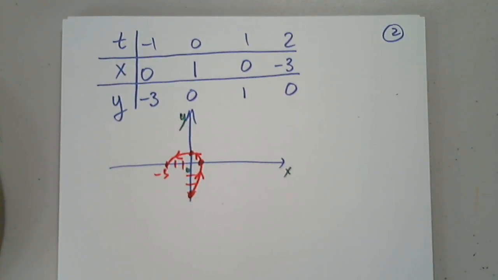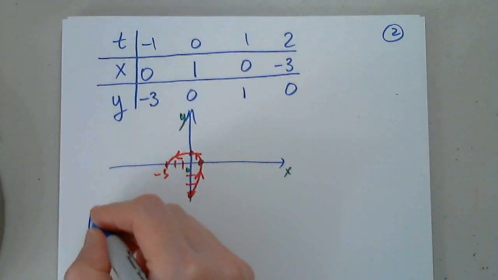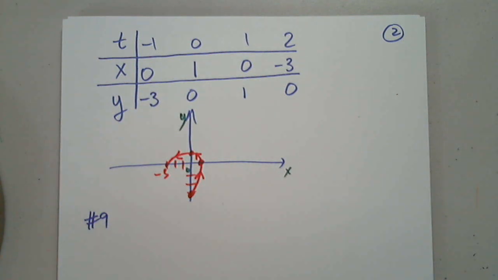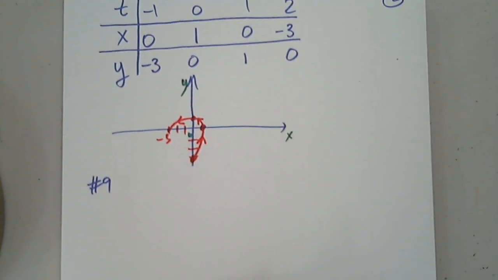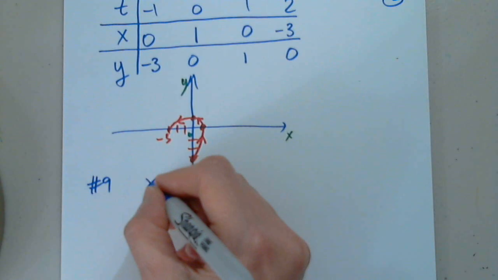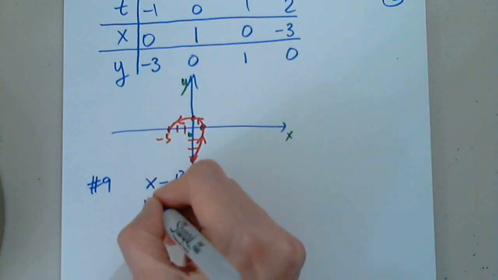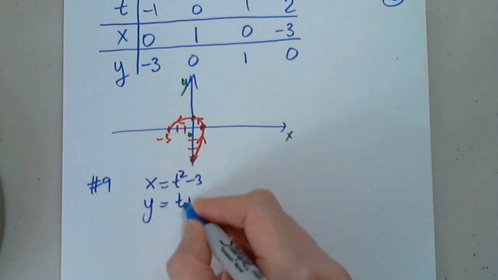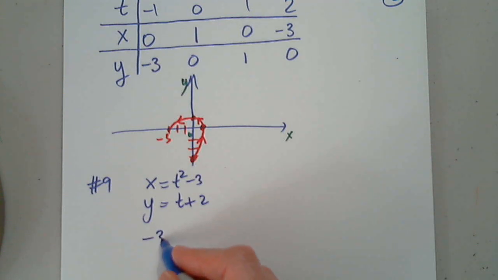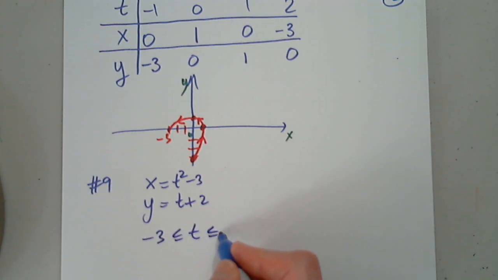Okay, the next recommended problem is number 9. Same question, but this time they're asking us to sketch, but also eliminate the parameter. So part A, let's copy the problem first. X equals t squared minus 3, and y equals t plus 2. And we are told that t goes from -3 to +3.